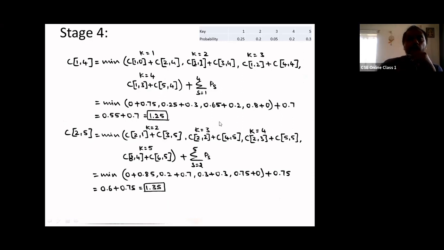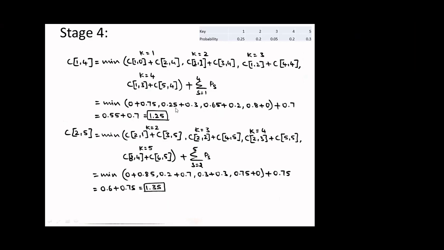So in 1 to 4, we'll get 4 options. That is, the key can be 1, or key 2, or key 3, or key 4. In all these 4 options, the best key chosen is 2.